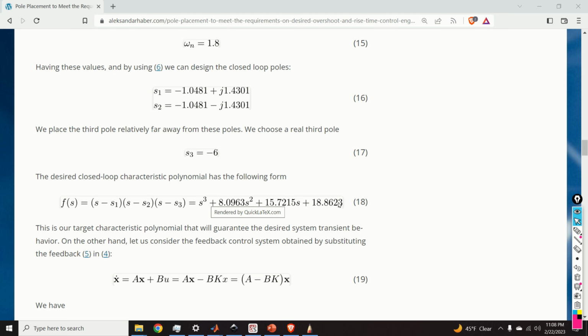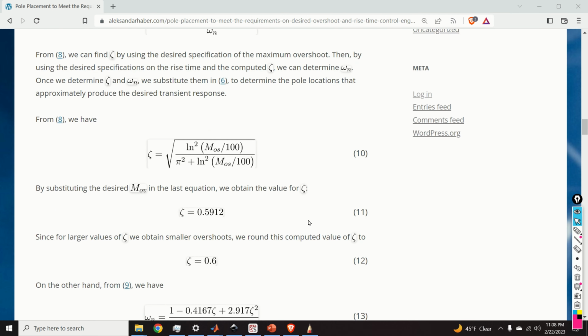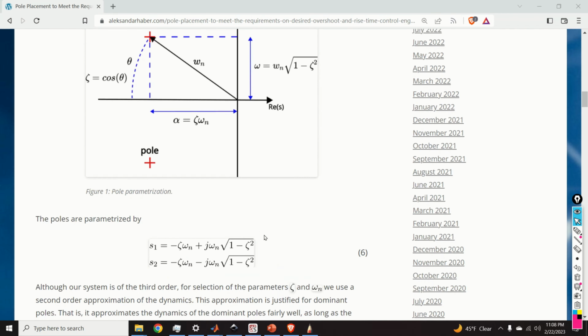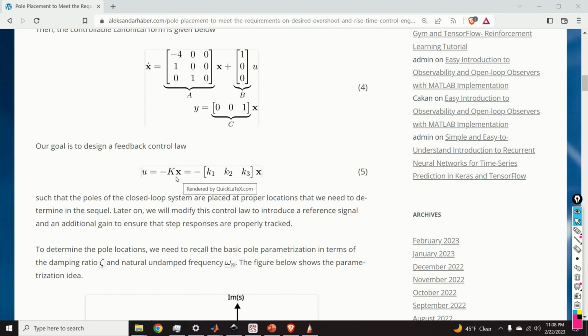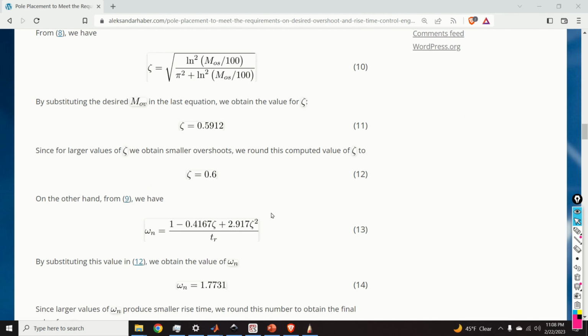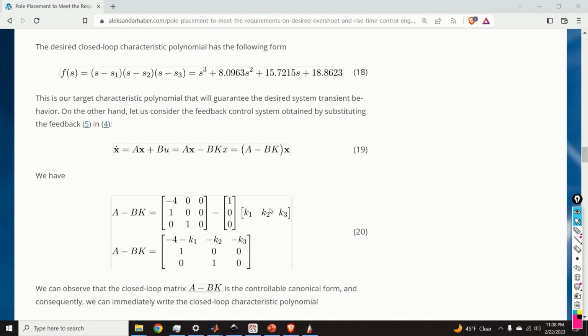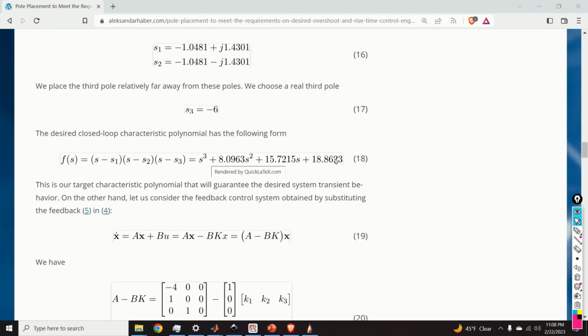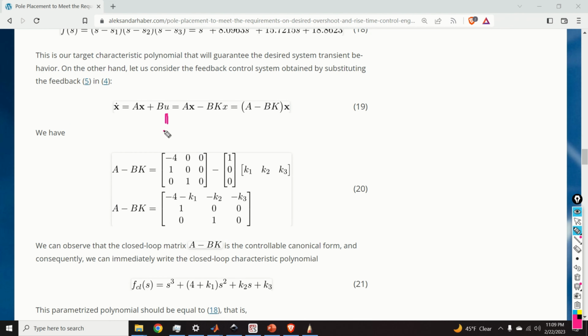Now we want to design a feedback control algorithm, that is, we want to design the entries of the matrix K, that is k1, k2, and k3, such that the characteristic polynomial has this form. By substituting the feedback control algorithm in our state equation, we obtained the closed-loop state equation.